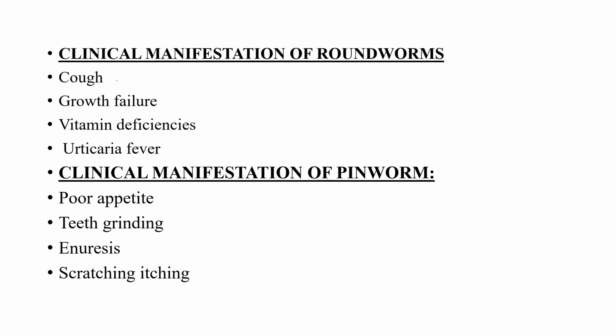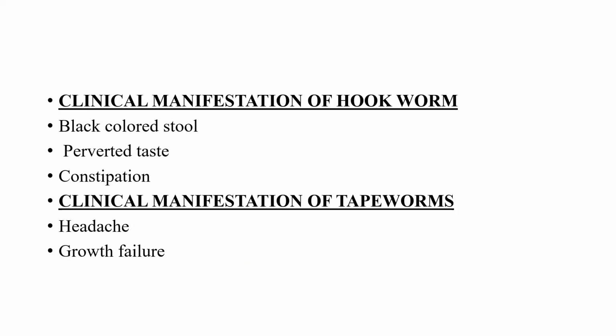For the roundworm, we can see cough, growth retardation, vitamin deficiency, urticaria, fever. For the pinworm, we can see poor appetite, teeth grinding, enuresis, scratching or itching of the rectal area. Next is the clinical features of the hookworm. We can see black colored stool, perverted taste, constipation. For the tapeworm, you can see headache, growth failure.